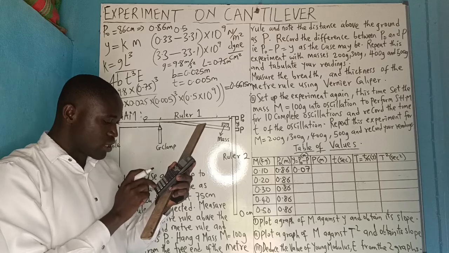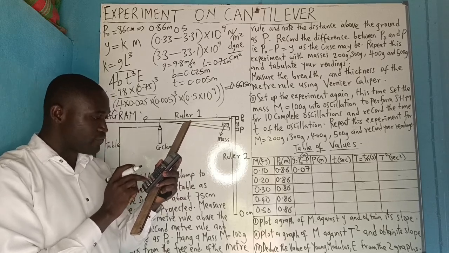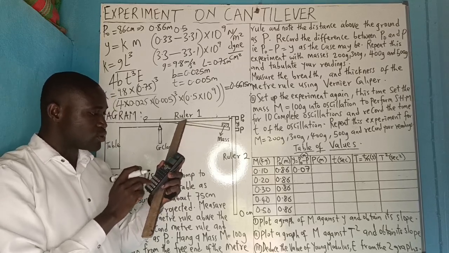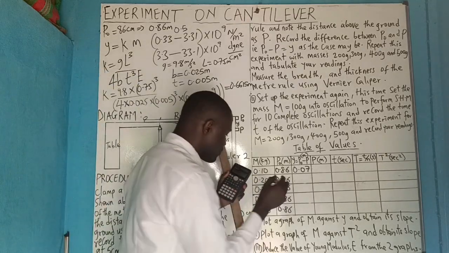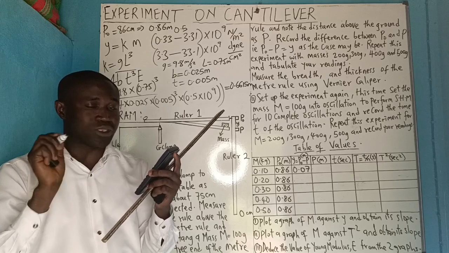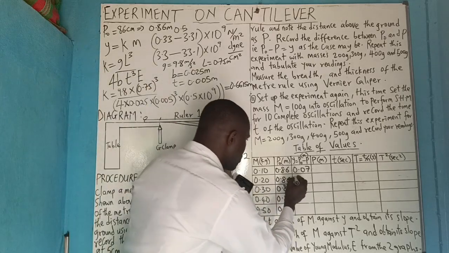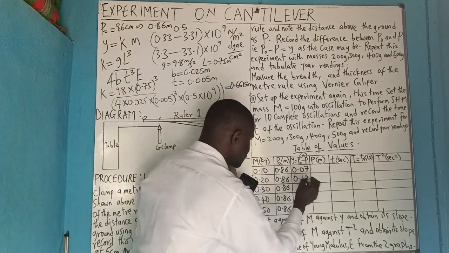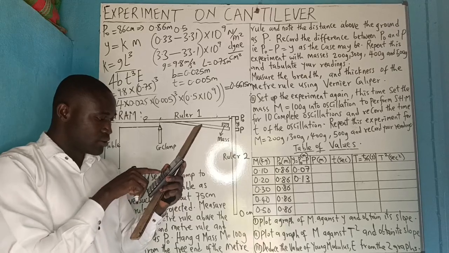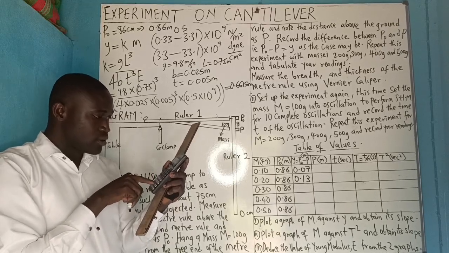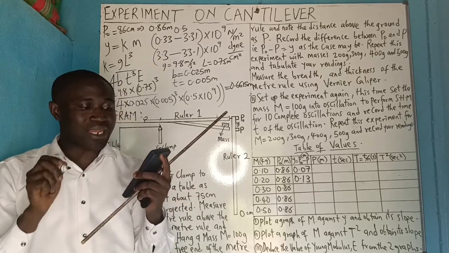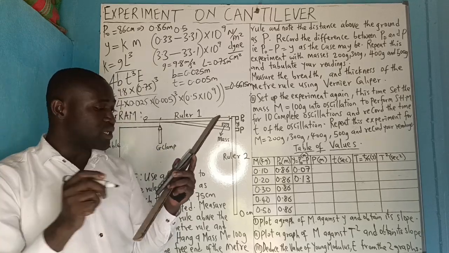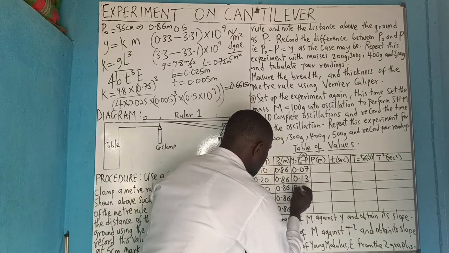I will go again. 0.6615 times 0.2. That is the second mass. That will be giving me 0.1323, approximated to be 0.13. Then we say times 0.3. That will be giving me 0.19845, approximated to 0.20.